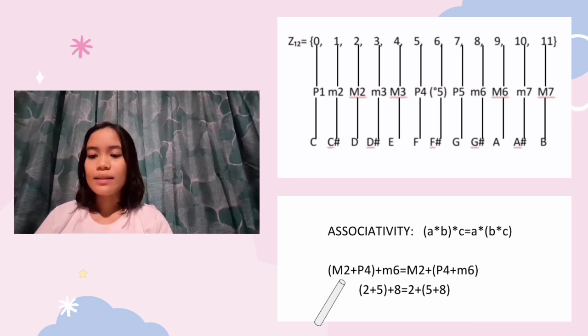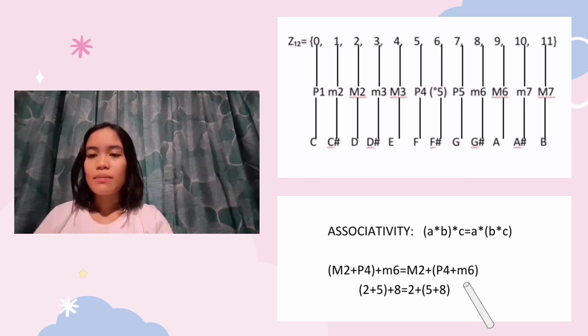The same with the other side. On the right hand side, we have the major second plus the quantity of perfect fourth plus minor 6. The perfect fourth is 5 and the minor 6 is 8 from the table, and 5 plus 8 is 13, and modulo 12 we get 1. From that we get D flat.